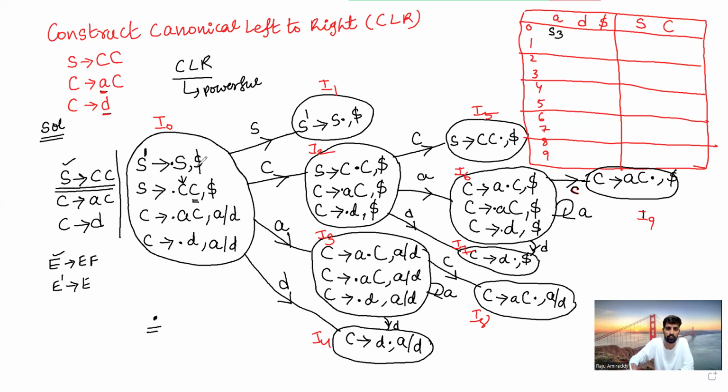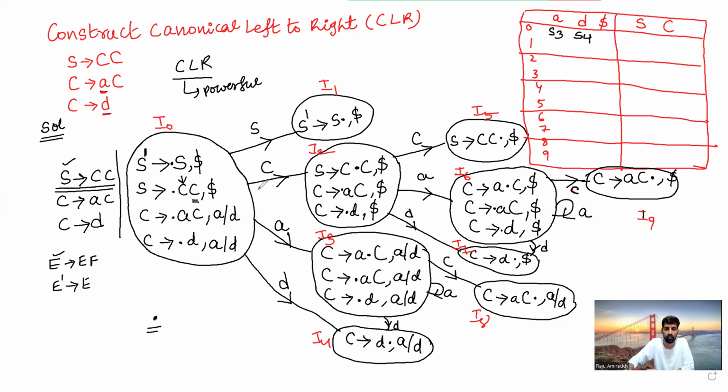Next, I0 on small d goes to I4, which is called S4.